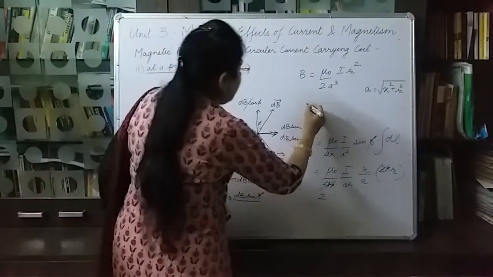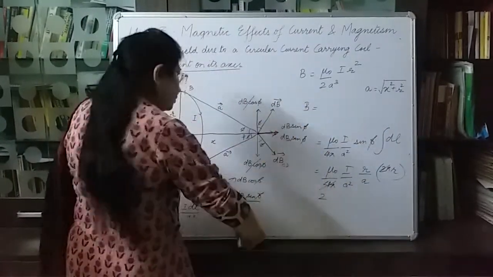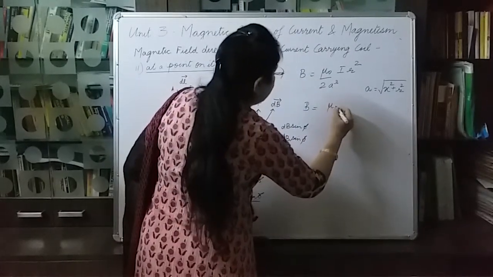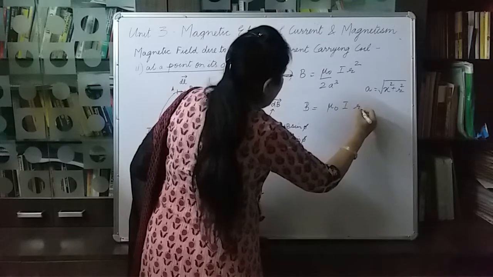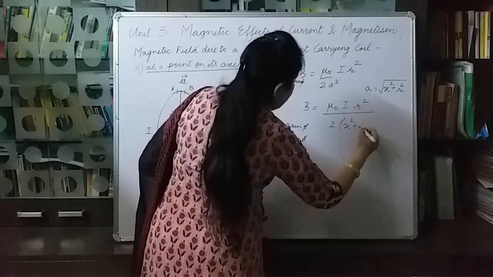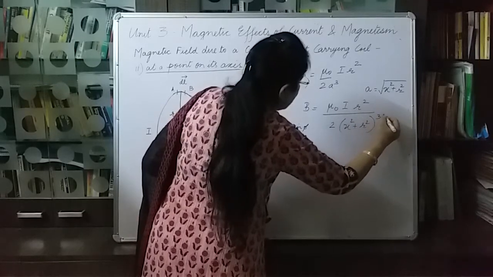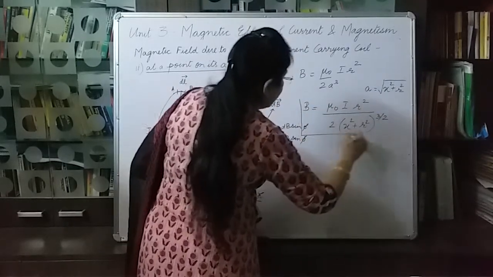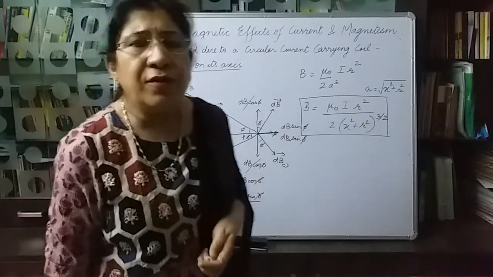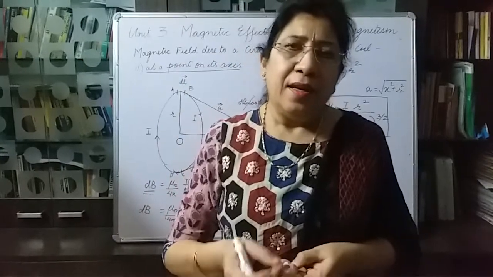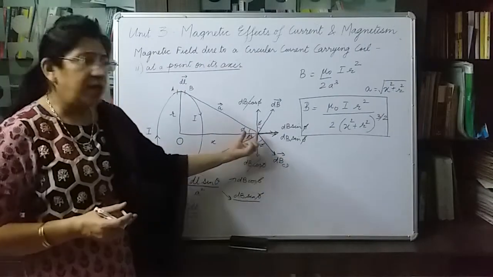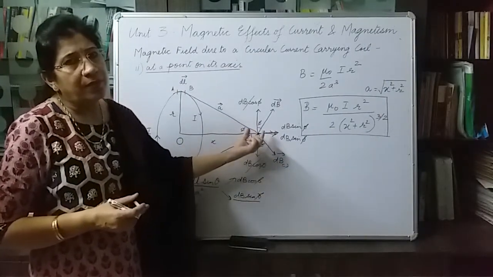Substituting, B will be equal to mu naught I r square upon 2 times x square plus r square raised to power 3 by 2. This is the magnitude of the magnetic field due to a current carrying circular coil at a point on the axis of the coil.